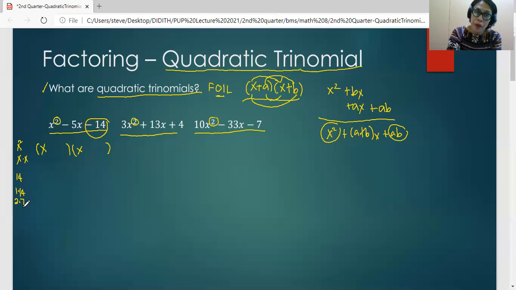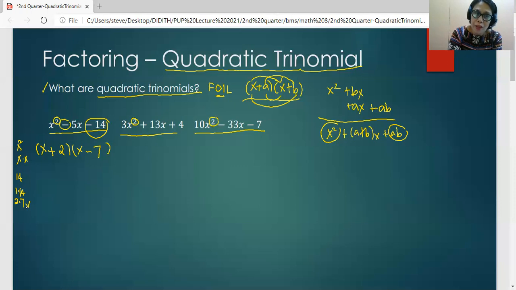And between the two pairs of factors of 14 here, we're going to consider 2 and 7. If we place 2 here and 7 here, the bigger factor should have a sign of negative, and the other one is positive, because this one is negative.